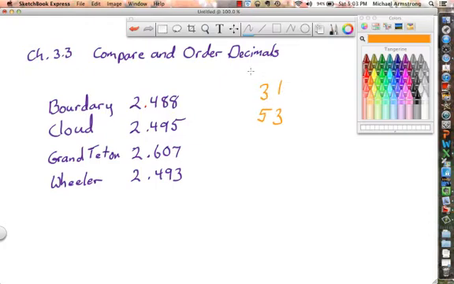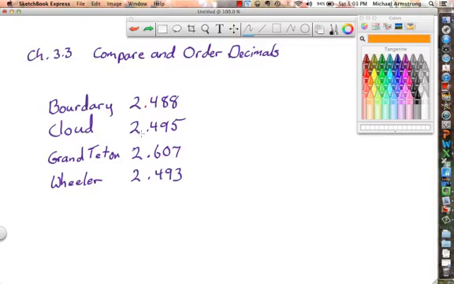When we move from the left to the right, if there's a bigger number in a place, these are the tens place, whichever number has the biggest digit here in the tens place, unless there's hundreds or thousands or millions or whatever else going on, we know that 53 is bigger than 31. Alright, 53 is much bigger than 31, and we know this just by looking in the tens place. We don't have to go to the ones place.